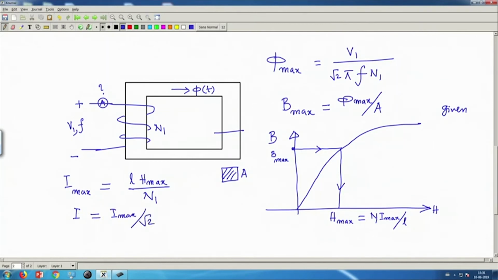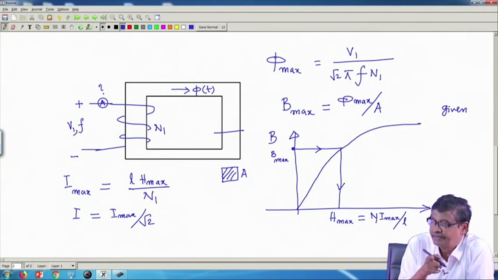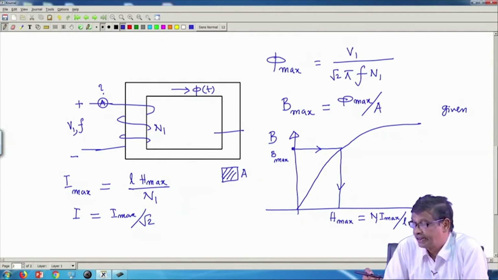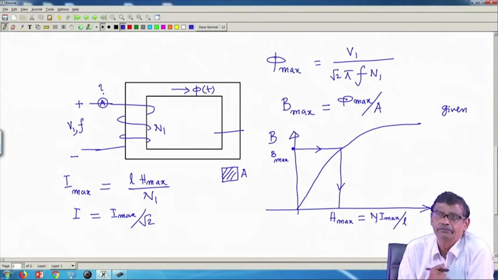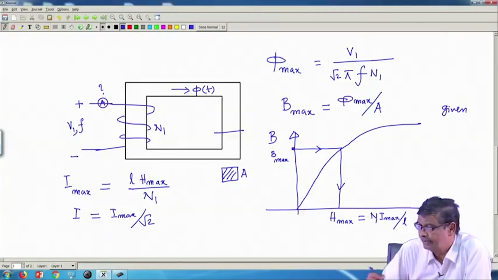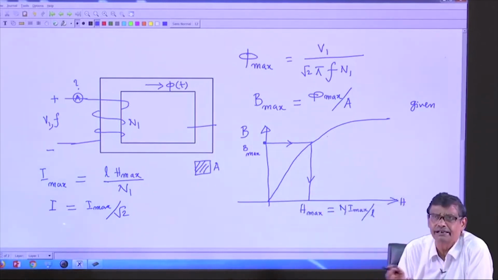This is the thing. So, this now tells me that if a single coil is excited from an alternating voltage source of frequency f, and this coil is wound on a magnetic material whose BH characteristic is like this. This is known to you, I hope, from magnetic circuit analysis. This portion is the saturation zone, it is initially linear, things like that.